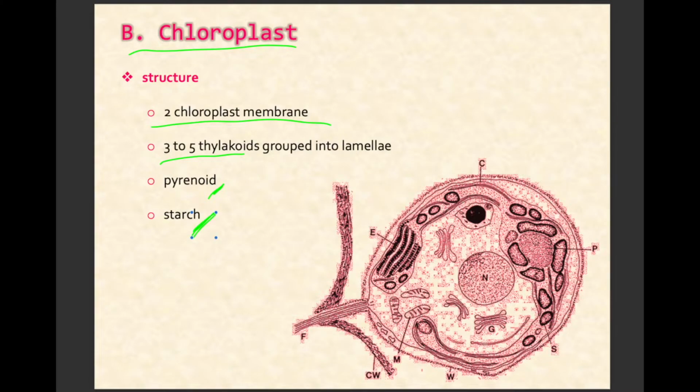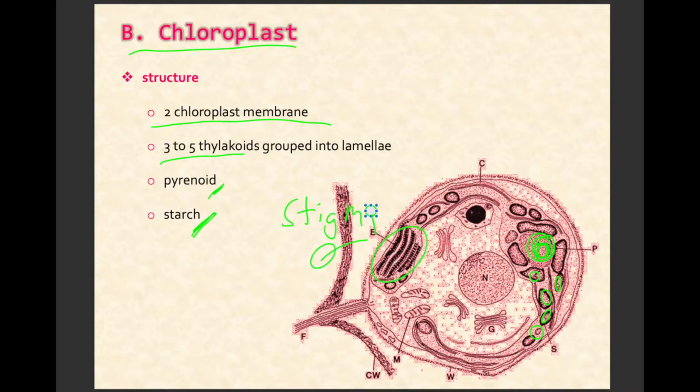This is the pyrenoid right here. These globules right here are your starch globules. Maybe some fat or lipid globules along the way. And this is your eyespot right here, or what we call your stigma.